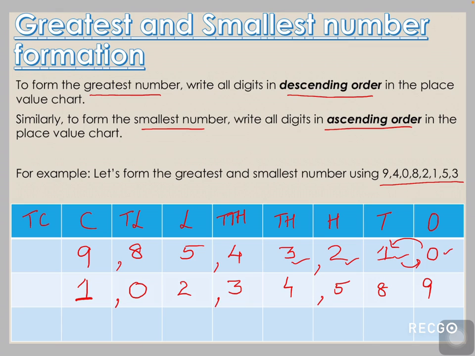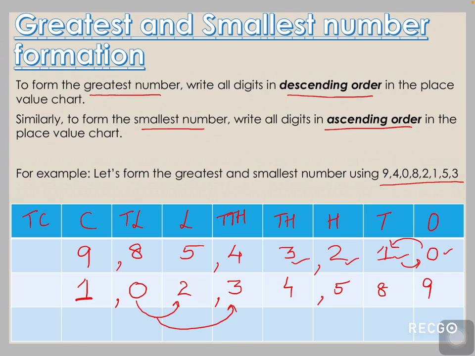So what is the smallest 8 digit number using the given digits? It is 1 crore 2 lakh 34,589. Now what if I had placed this 0 here? It would have become 20 lakh, right? What if I had placed this 0 here? It would have become an even bigger number.